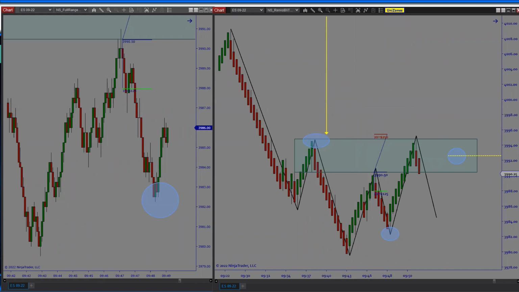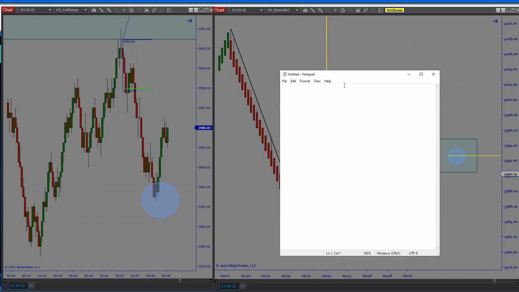So let's break this down. I'm going to write some notes and we'll identify the trading setup. Our first step was to find the structure breaking pivot. We'll just put here SBP equals structure breaking pivot.